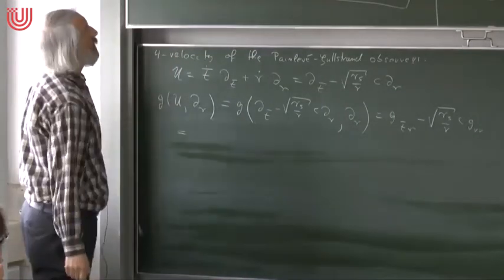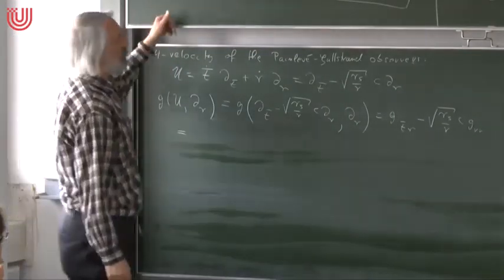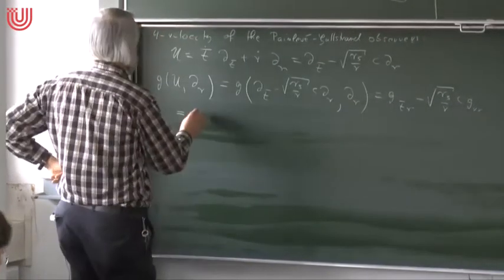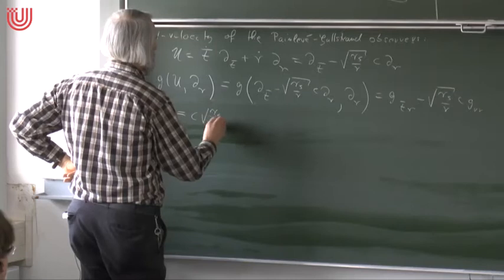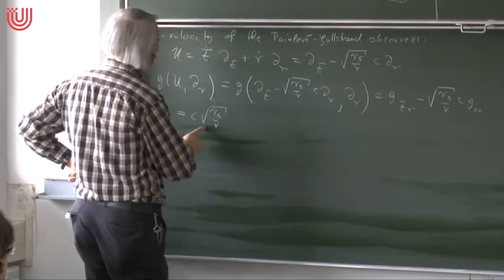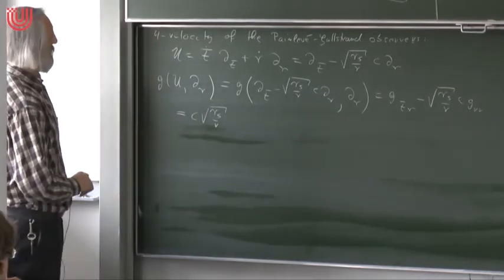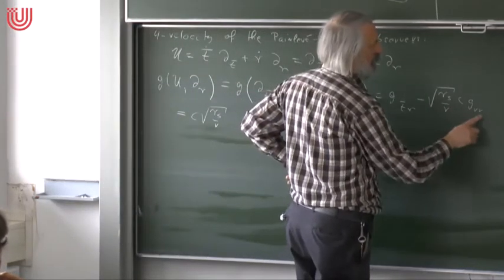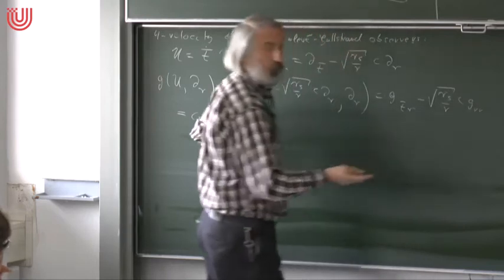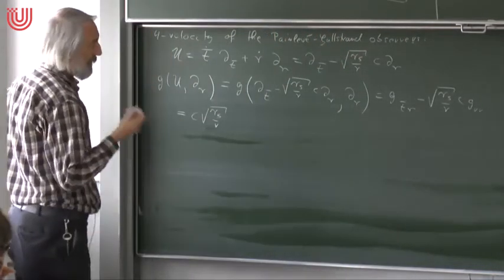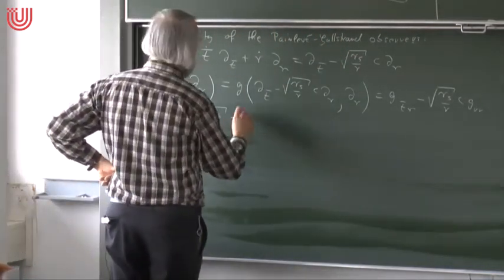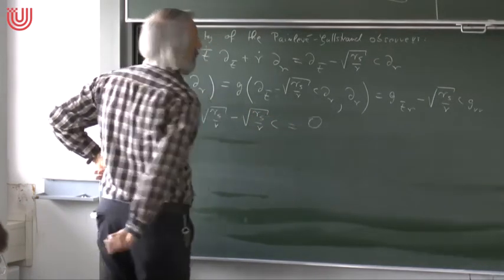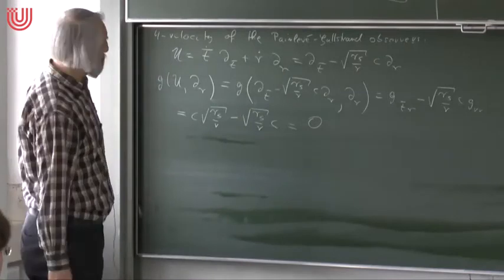I have to read this from the metric. Unfortunately, I have it erased, but I remember by heart that GTR was c times root rs over r. This was g t bar r, and this was 1. I hope everybody remembers, because we had introduced the coordinates in such a way that grr became 1. So this is minus root rs over r c. And very nicely, the two terms cancel.